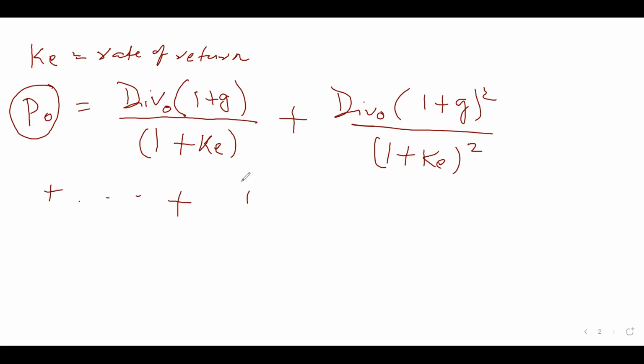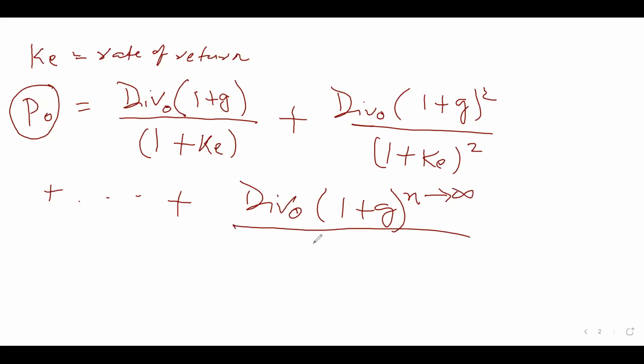For the nth year, Div 0 times (1 plus g) to the power n, the growth rate of the dividend, as n tends to infinity, discounted at the rate of interest. So let this be our equation 1.